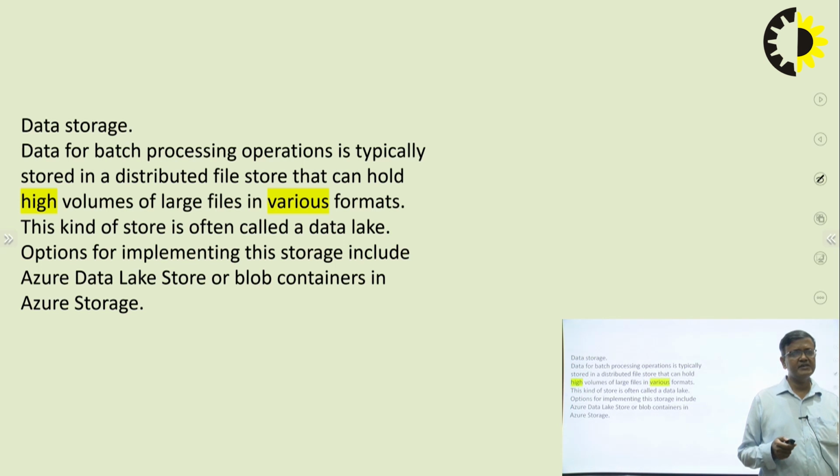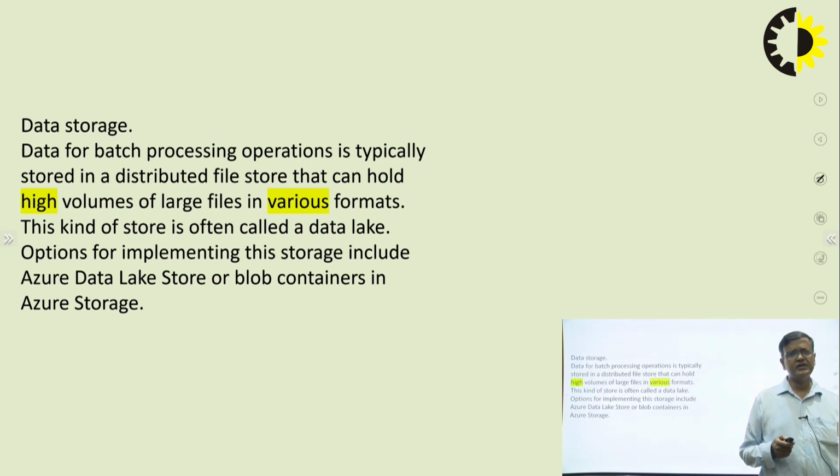Now coming to the data storage component. So we are storing it for batch processing as well as stream processing. Data for batch processing operations is typically stored in a distributed file store that can hold high volumes of large files in various formats. This kind of store is often called a data lake.